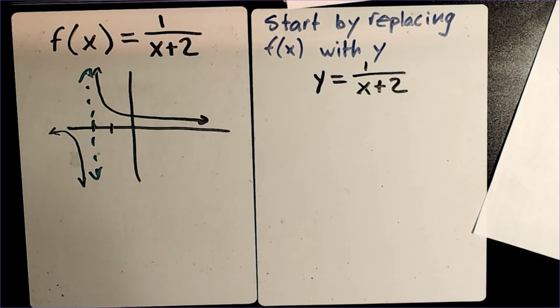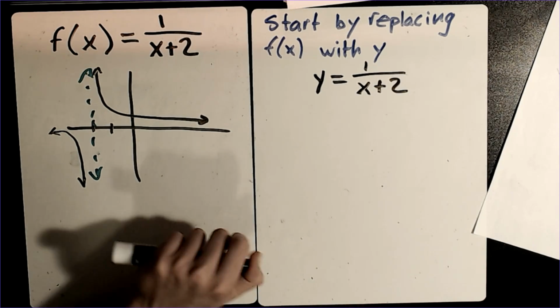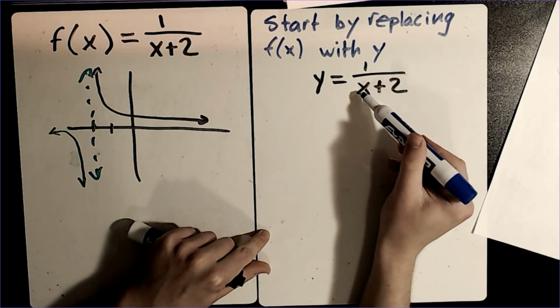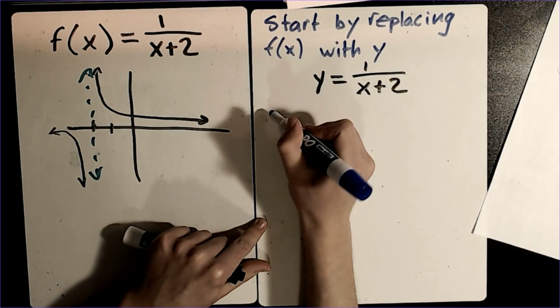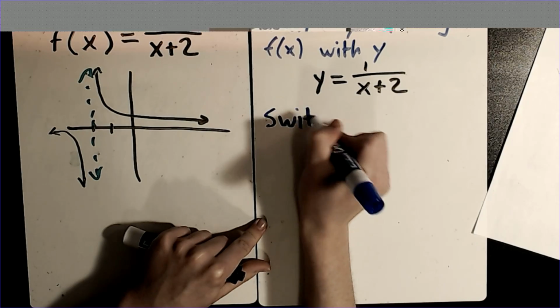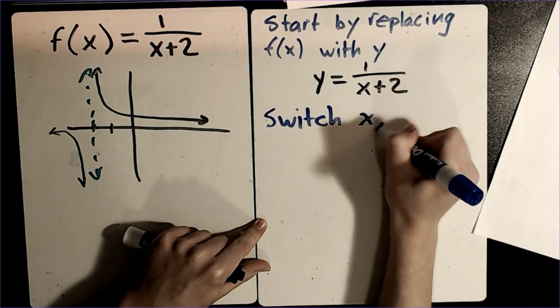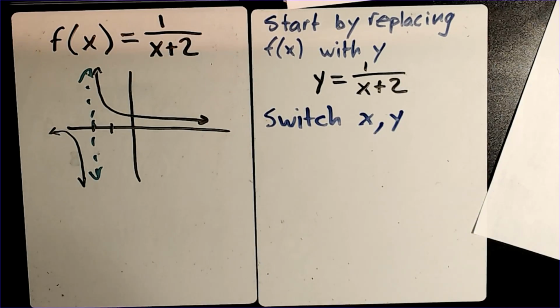Okay, now that we have y in there, remember an inverse function switches the roles of x and y. So what we do is we just switch x and y in this equation. Everywhere there's an x, put a y, and everywhere there's a y, put an x. Okay?